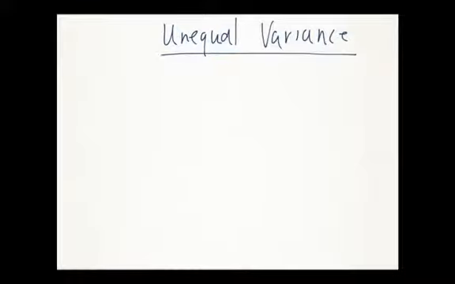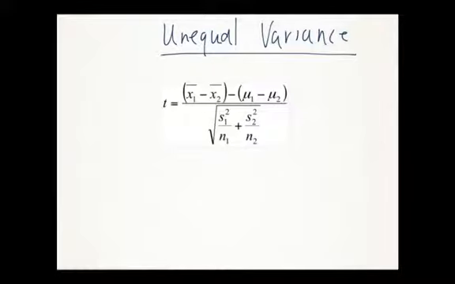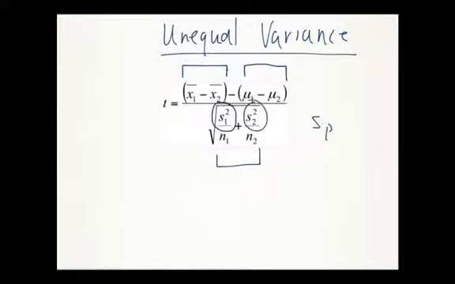So what would our test statistic look like in the case of unequal variances? It would look like this, okay? You can see same numerator as before, sample quantities minus hypothesized values divided by a measure of variability, but this time instead of having S sub p for the pooled estimate, we have the estimate from group 1 and the estimate from group 2.